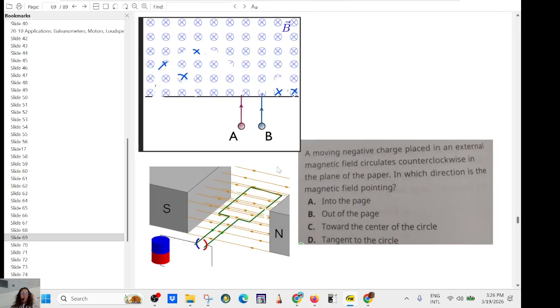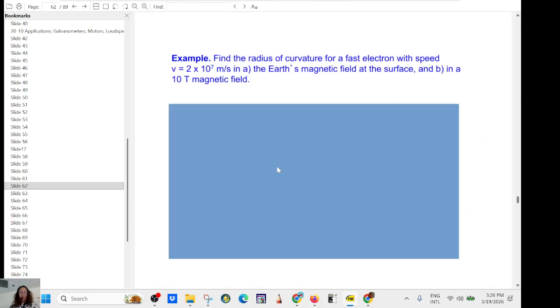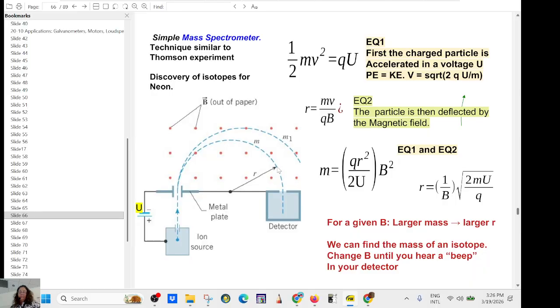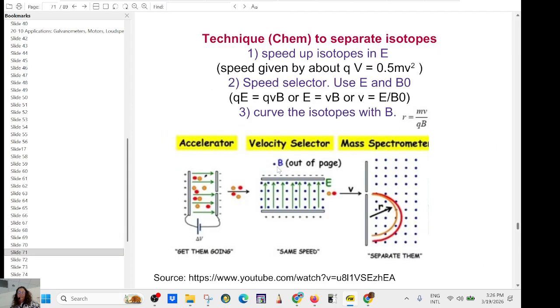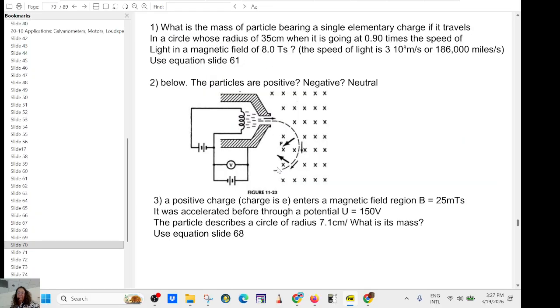Go back to slide 66. The mass, I'm not going to do because I'm not sure if I did it right or not. It will be the charge, 1.6 times 10 to the negative 19, and then the radius squared.